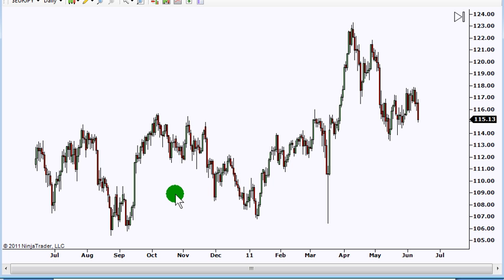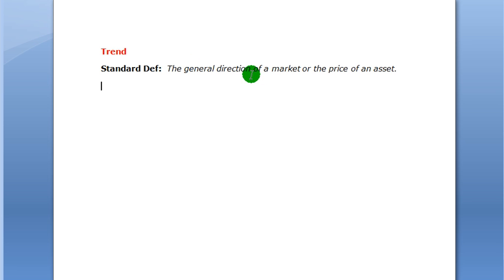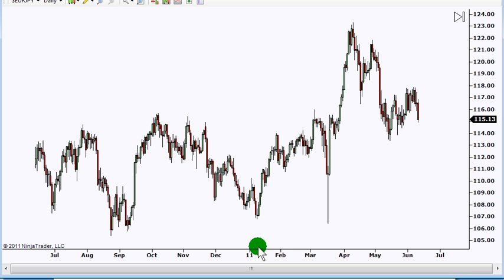If it starts off in the upper left down to the bottom right, we are in a downtrend. Well, generally, looks like it's gone up more than it's gone down, right? So you could generally say this is in a general uptrend, right? Just using that definition. What good does that do you?